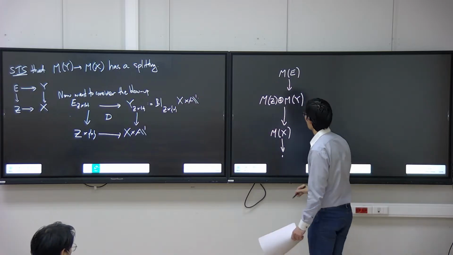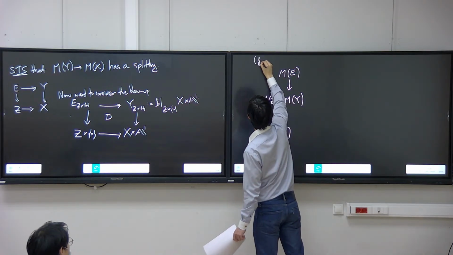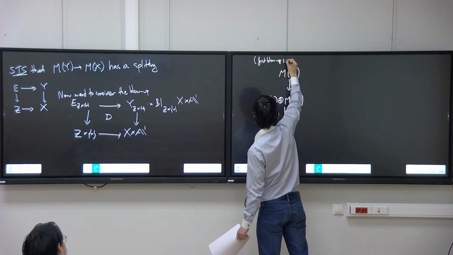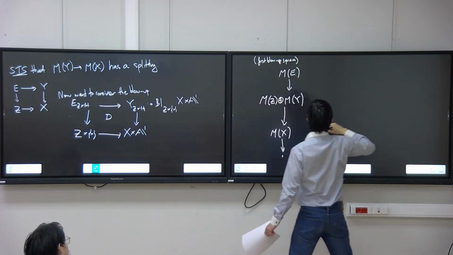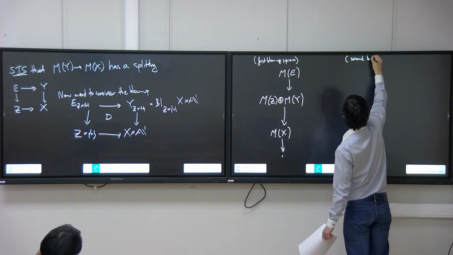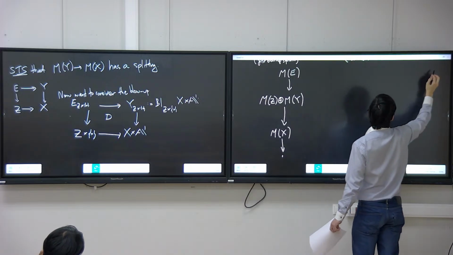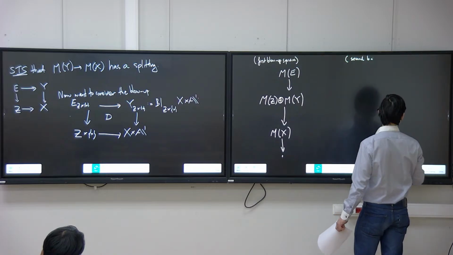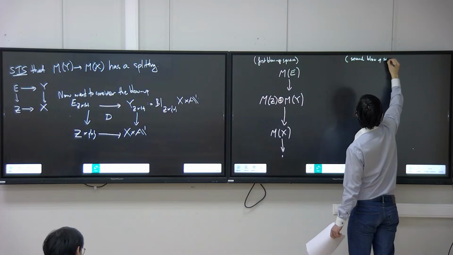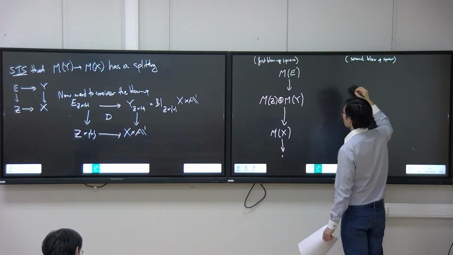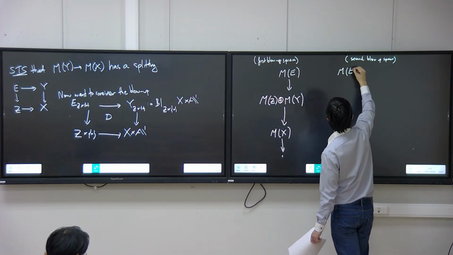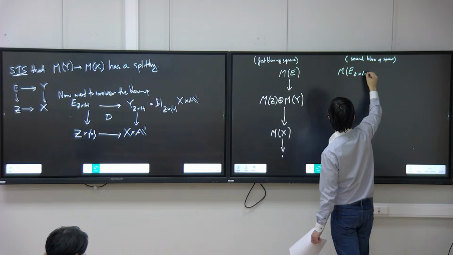So this is the first blow-up square, and this is the second blow-up square. Say M of E_Z times 0. This is just notation.